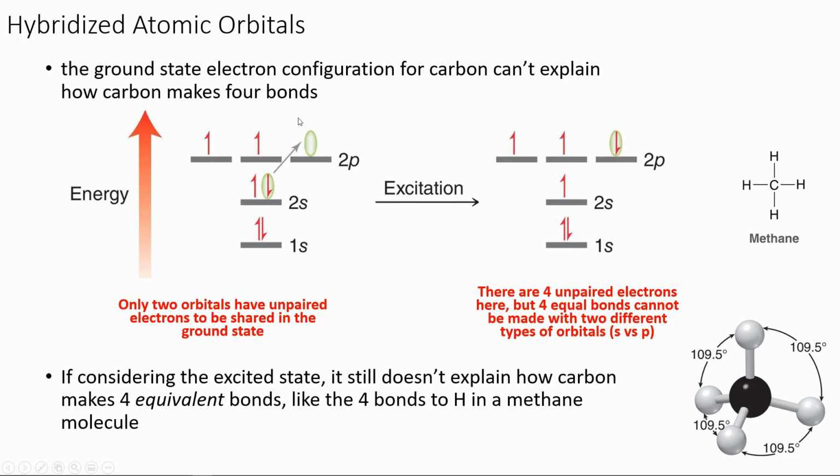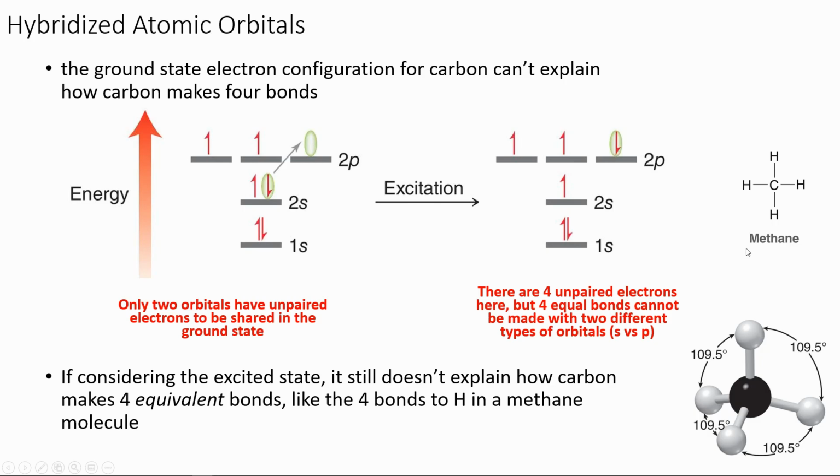If we put some energy into the system, we can excite one of the s electrons up into the p orbital. And then we'll have 4 unpaired electrons that we'll be using to make 4 bonds. Now, we have 3 p electrons and 1 s electron, and these are not equivalent to each other, but we need to make 4 equivalent bonds.